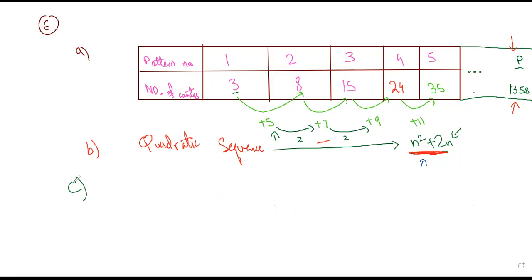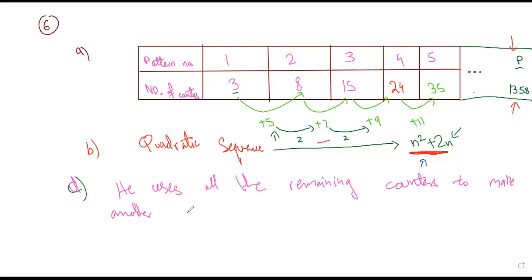Part D says, he uses all the remaining counters to make another pattern in the sequence, that is pattern Q. Full stop. Question says, find Q.